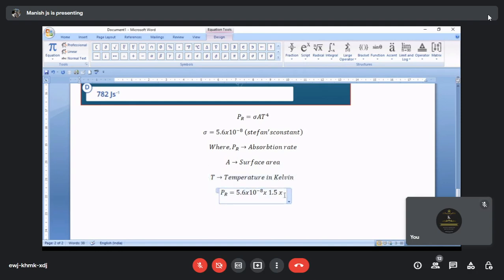37 plus 273.15, so 300 something. 310 Kelvin. So multiply by 310 to the power 4, and that needs to be simplified.